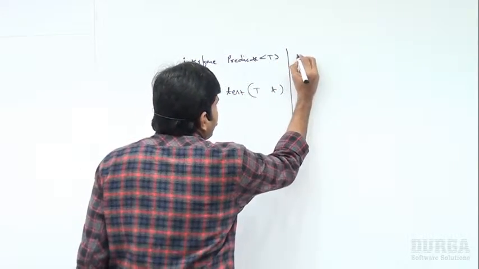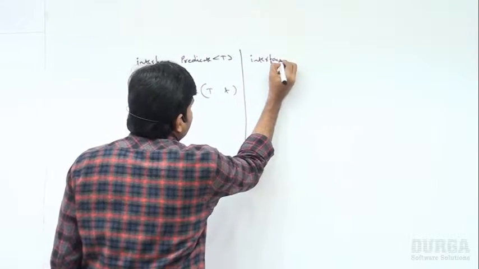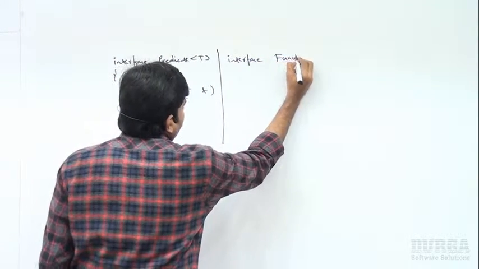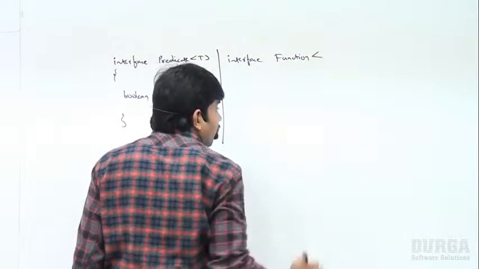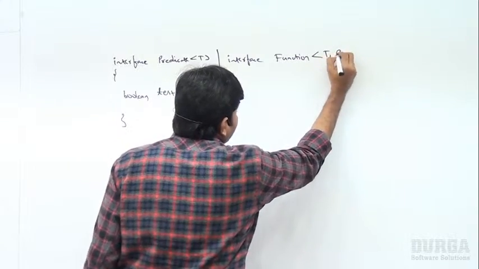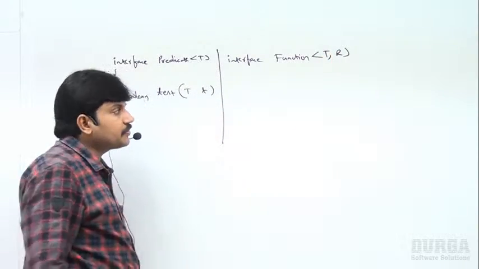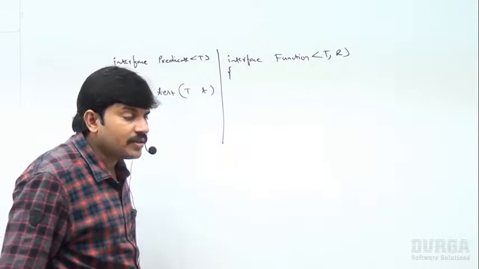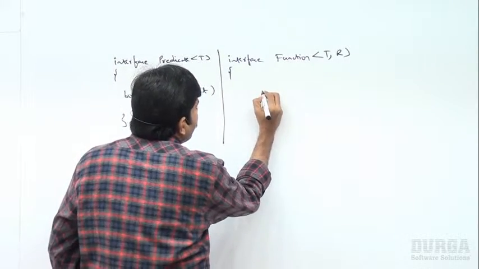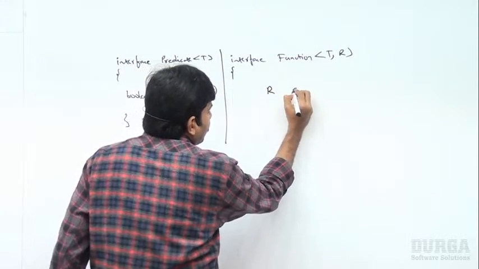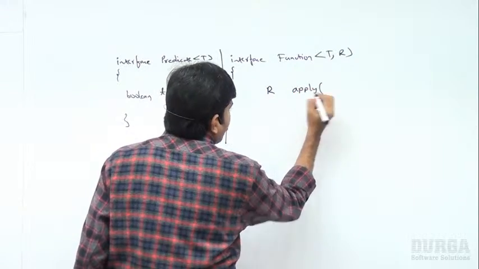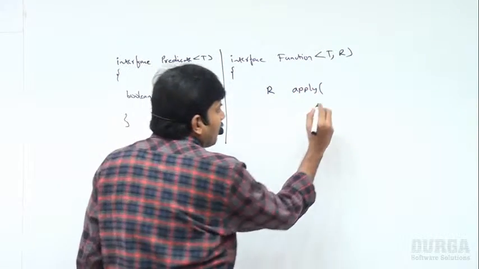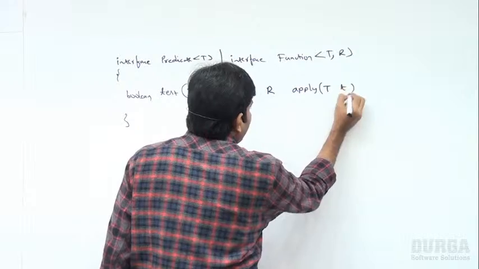Same way, if I consider the interface Function, the Function interface compulsorily takes two argument types. One is the input argument type, the other one is the return type. R is the return type, with the apply method. Next, the T type.